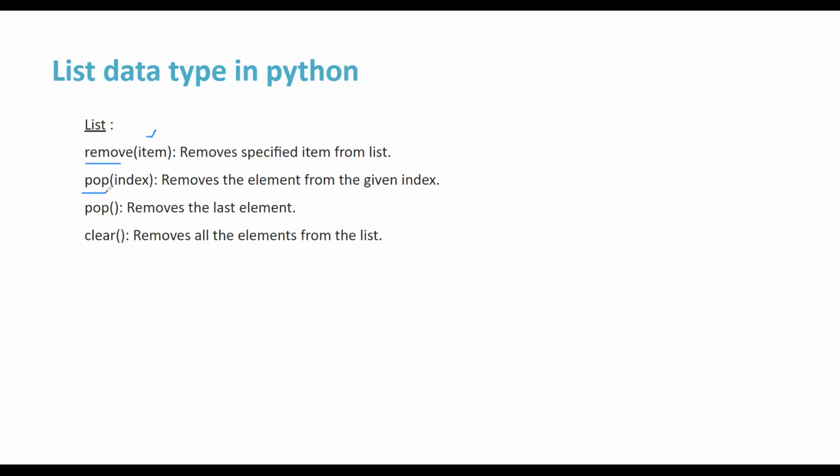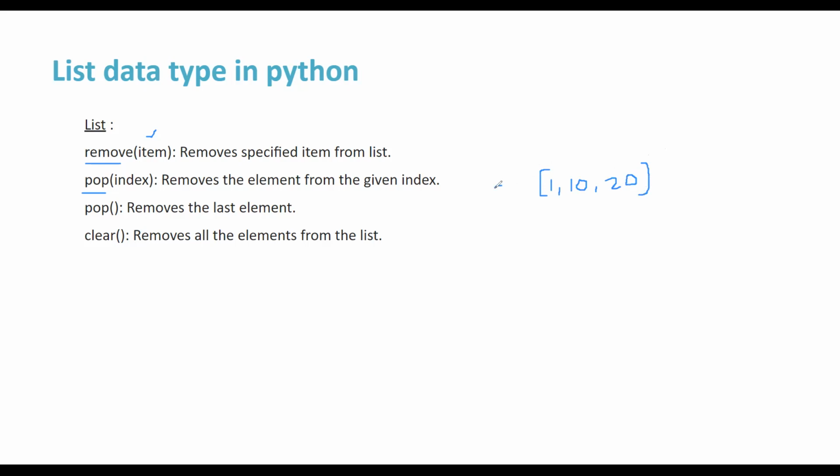Suppose one of the values is 3 and it is in index 0. Let's say I have a list of values: 1, 10, and 20.